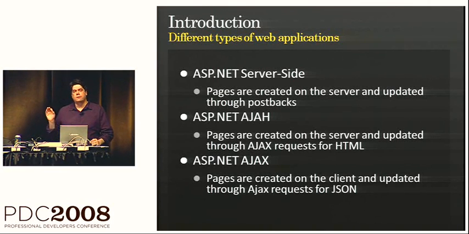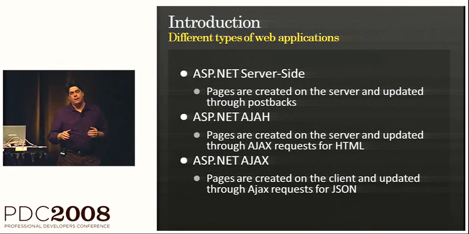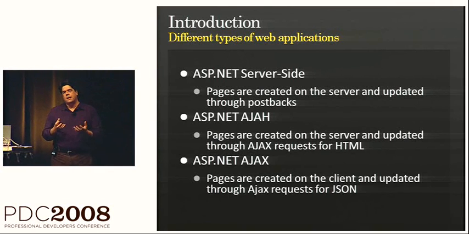I want to focus on this third type of application, the type of application that was somewhat difficult to write before, a type of application that requires that you write some JavaScript. The third type of application that I want to talk about tonight is a pure AJAX application. And what makes a pure AJAX application different, and what I think makes it so cool, is that when you're building a pure AJAX application, you're only passing the critical data that you need to be able to update the page.